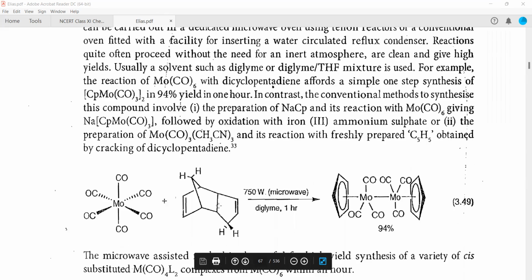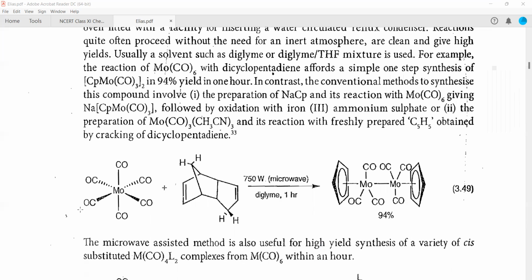So you see how difficult this reaction was, but when you used the microwave assisted reaction, it became quite easier. You just cancel out the various steps that are used in the conventional method.